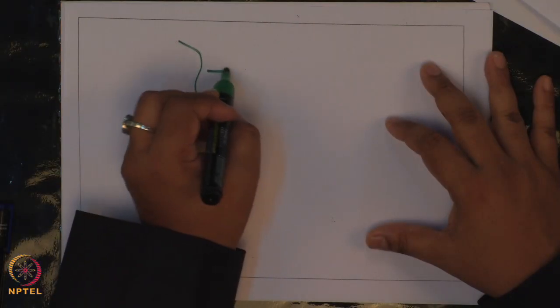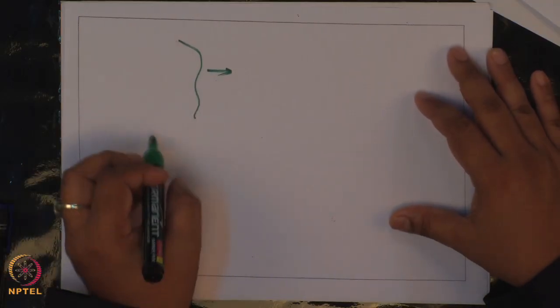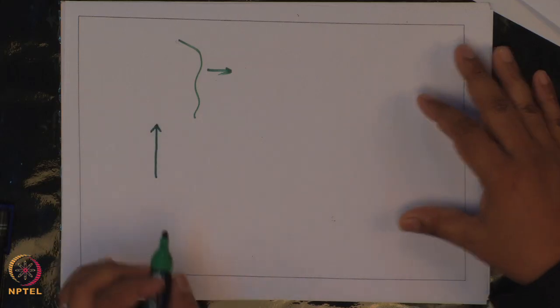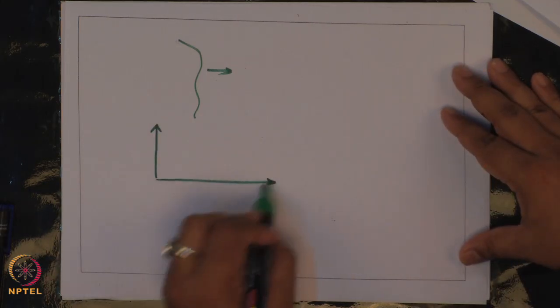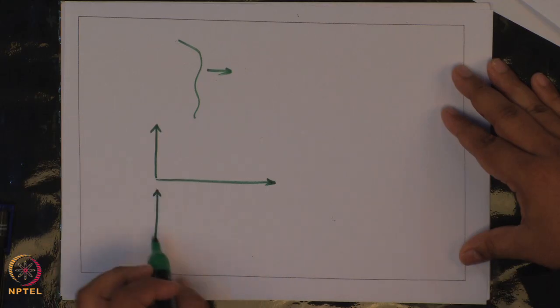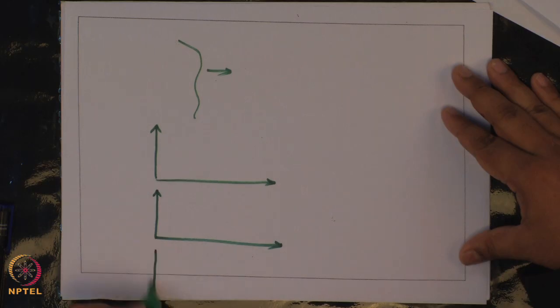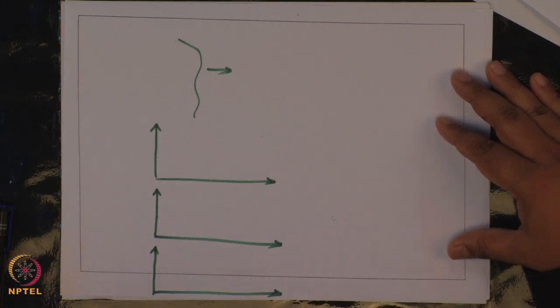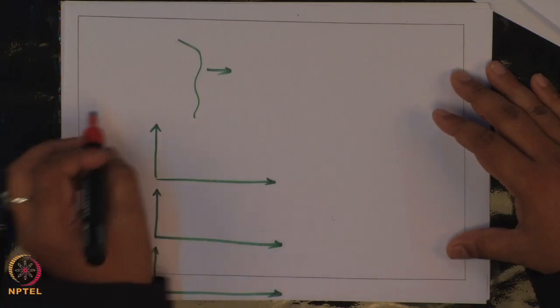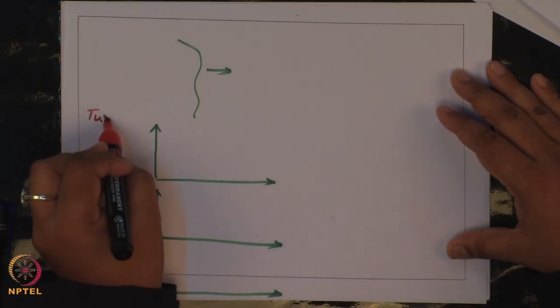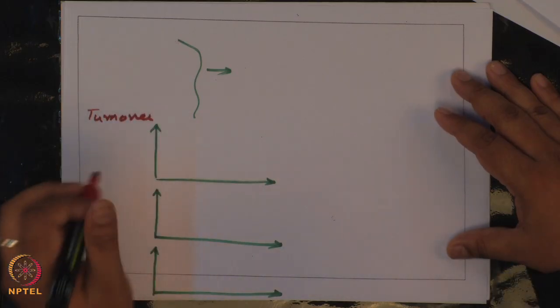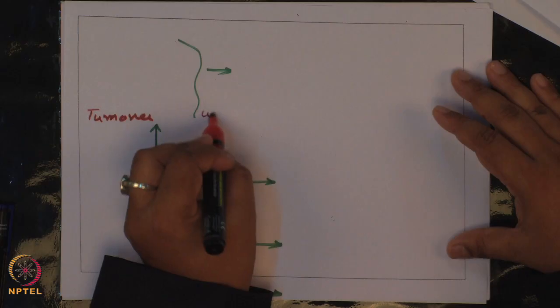Let us look at how it looks under normal conditions. If you have a cell which is migrating in this direction, you will have three things. In this graph, let us say this is turnover, before perfusion or without drug.